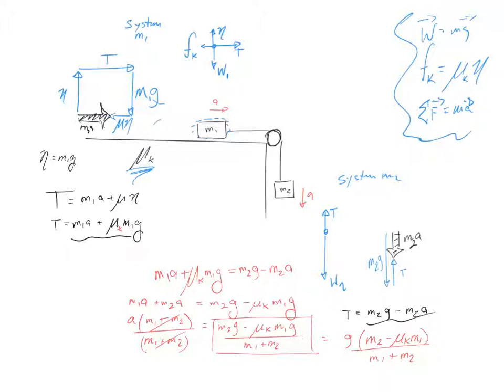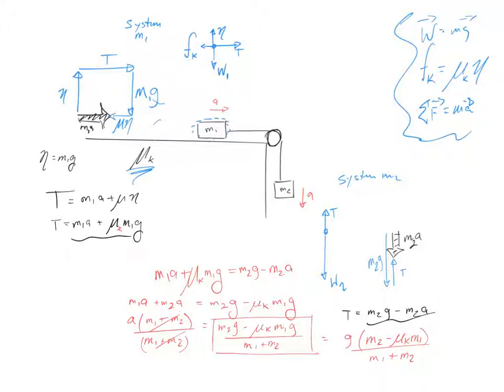Now, check it out. Notice if M1 goes up, does acceleration go up or down? What should happen if we increase M1 by logic? Acceleration should go down. Imagine you have a net force applied to an object and that object gets more and more massive.